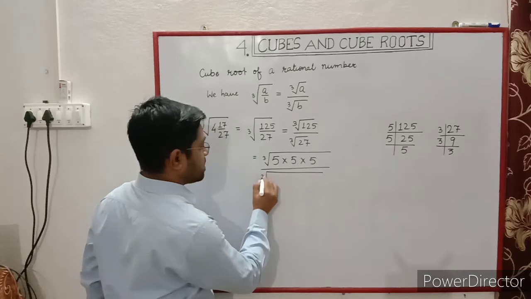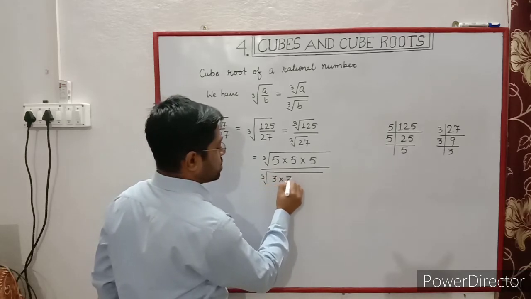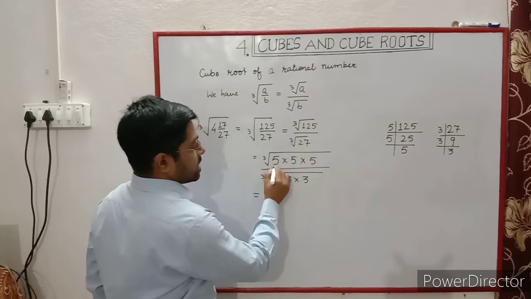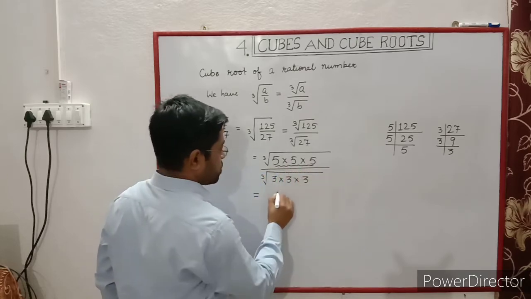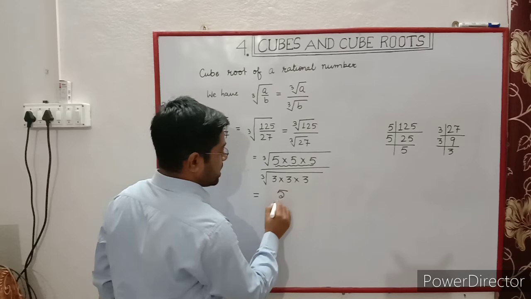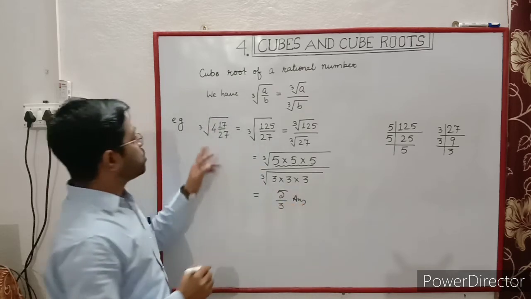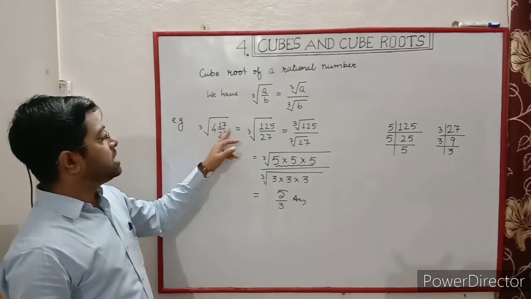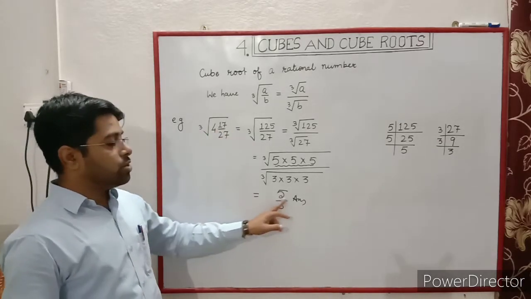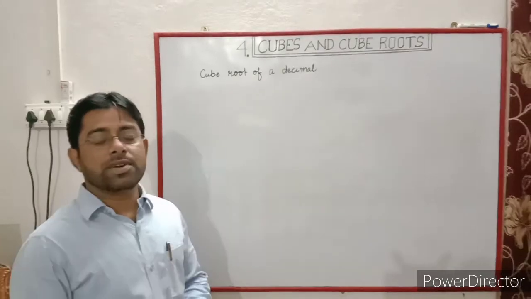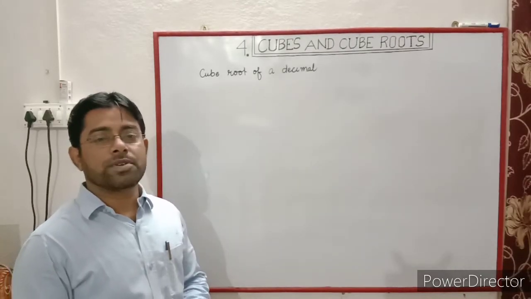So we can write here 3 into 3 into 3 is equal to, taking one factor from each group, 5 by 3. So cube root of 4 whole 17 by 27 is equal to 5 by 3. It is answer.